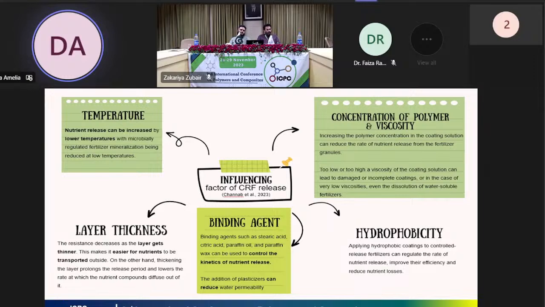Therefore, it is important to carefully control the concentration and the viscosity of the coating solution to ensure optimum coating thickness and porosity while avoiding damage to the fertilizer.